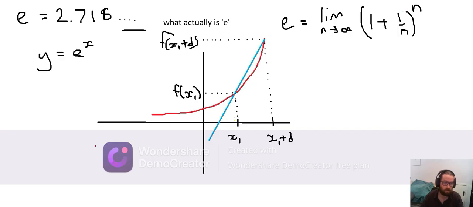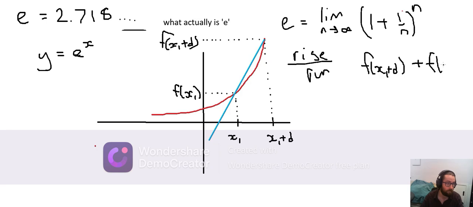Well, what is the slope of this line? We know from high school that the slope of a line, you can calculate given 2 points with something called the rise and the run. I think rise over run is the way of putting it. What is my rise? Well, it's the difference between f of x1 plus d and f of x1.